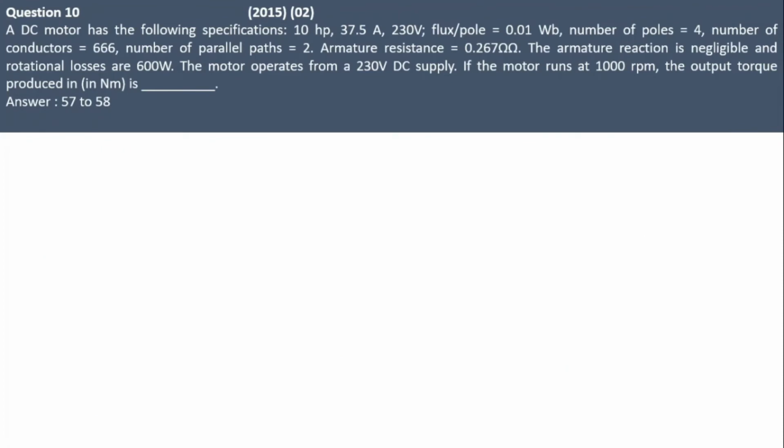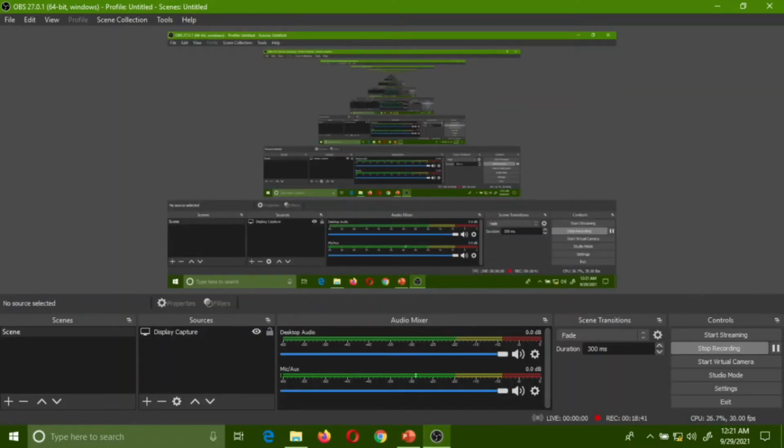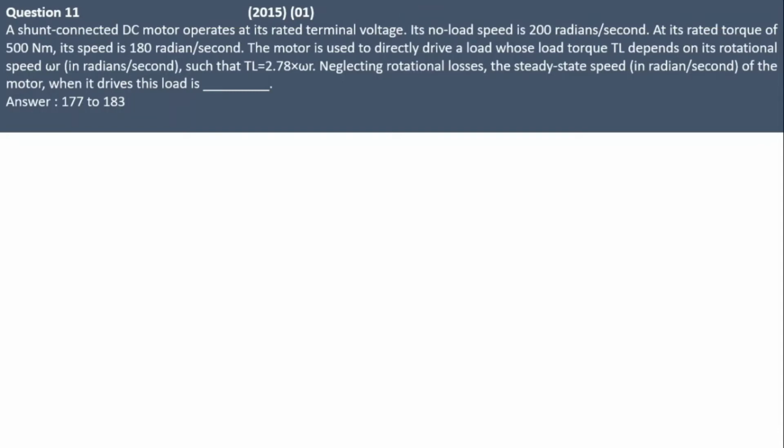Next numerical, question number 10. A shunt connected DC motor operates at its rated terminal voltage. Its no load speed is 200 radian per second. At its rated torque of 500 Newton meter, its speed is 180 radian per second.